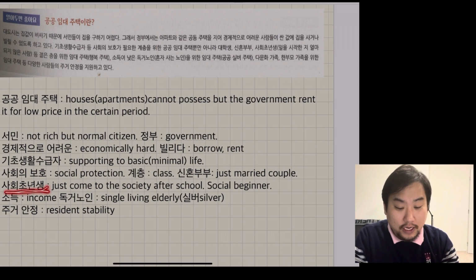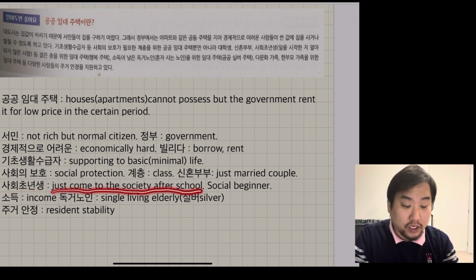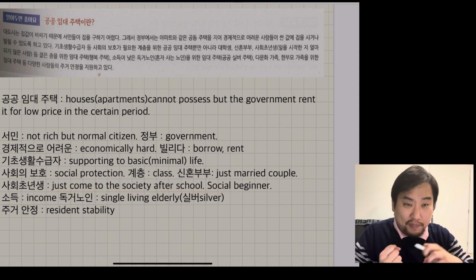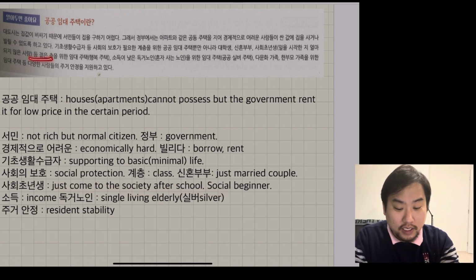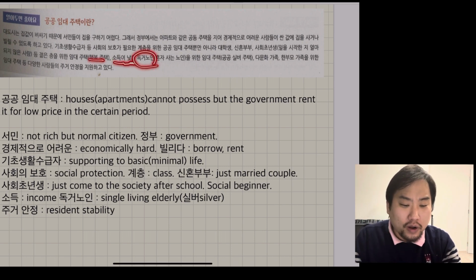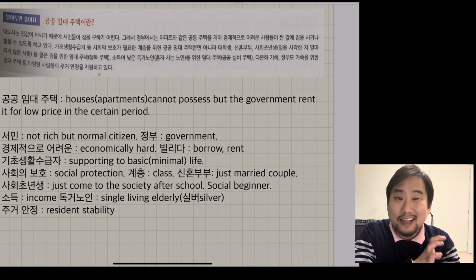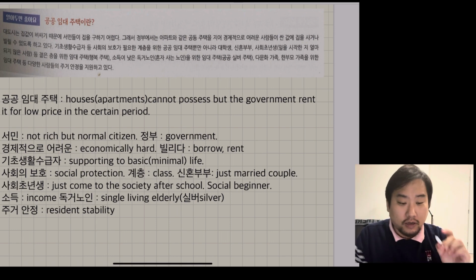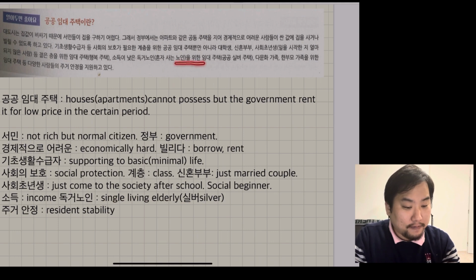So 사회 초년생 means someone who just came to society after school, a social or job beginner 등 젊은 층, the young generation을 위한 임대주택. So 임대 is a lease for a certain period. So usually we say 행복주택, happy apartment, and 소득이 낮은, low income, 독거 노인. 노인 is elderly, grandma, grandfather, but 독거 is single. So a single living elderly 을 위한 임대주택.